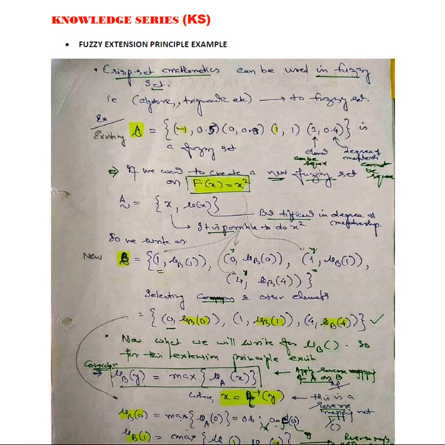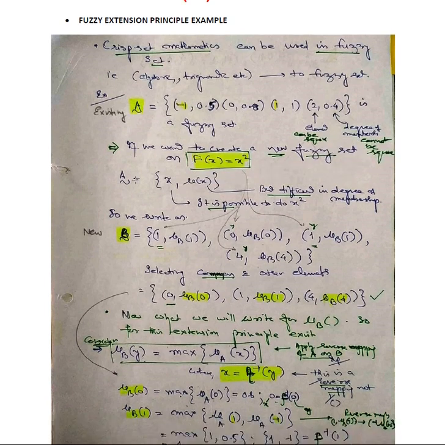Here the elements are mentioned, and here the degree of membership functions. Now a function is given, f(x) equal to x square, and based on the given fuzzy set we have to create a new fuzzy set.